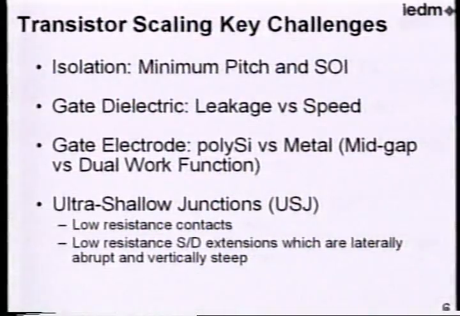So what are the basic overall scaling challenges? I mentioned a few a second ago, but I'd like to look at this at a very high level. We have isolation, of course, where we have minimum pitch that has to be met. We have substrates and so forth in terms of isolation. We've started to implement silicon on insulator, SOI.